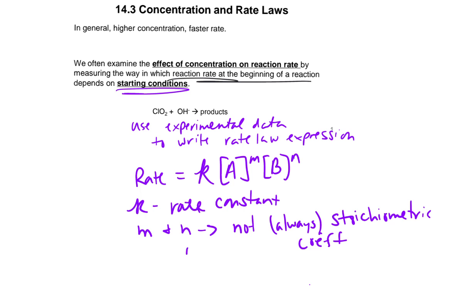And these are referred to as orders. So a reaction has first order with respect to A or second order with respect to A. And basically what this is doing is just a power. Okay, we're raising the concentration to some power, usually 1 or 2, sometimes 1/2. And it is telling us how the rate is dependent on the concentration of that reactant. So that's all it's doing. We're just trying to figure out what concentration does to the rate.